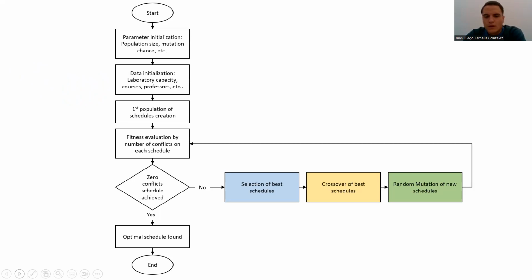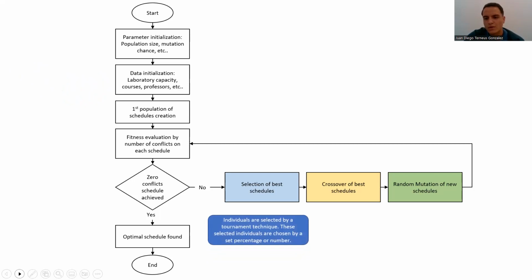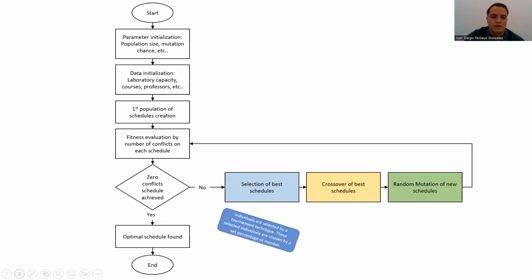In this application, the individuals are selected by a tournament technique in order to obtain the fittest individuals. These selected individuals are chosen by a set percentage or number at the beginning of the algorithm. This value can also be changed to admit more or fewer individuals as parents for the next generation.